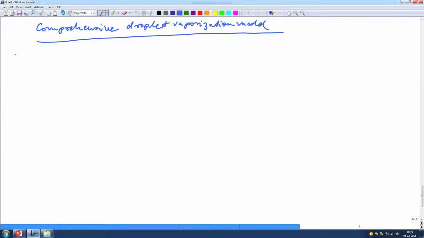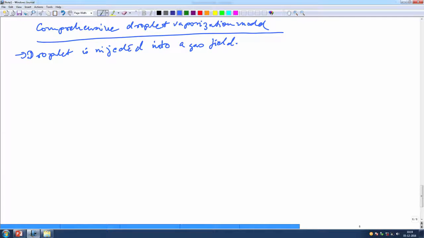So, here you are assuming a scenario in which a droplet is injected into a gas phase flow field.